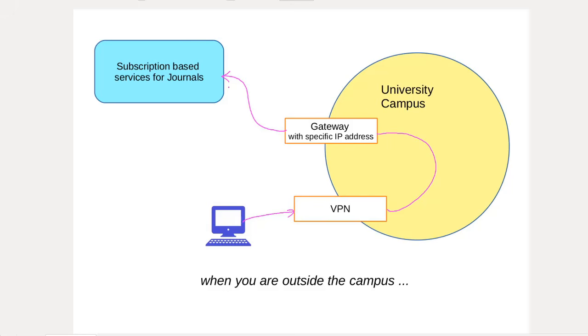The subscription service provider is looking at you as if you are coming from the campus, and then you will be able to receive the document. It would be routed through the campus, through the VPN onto your computer.